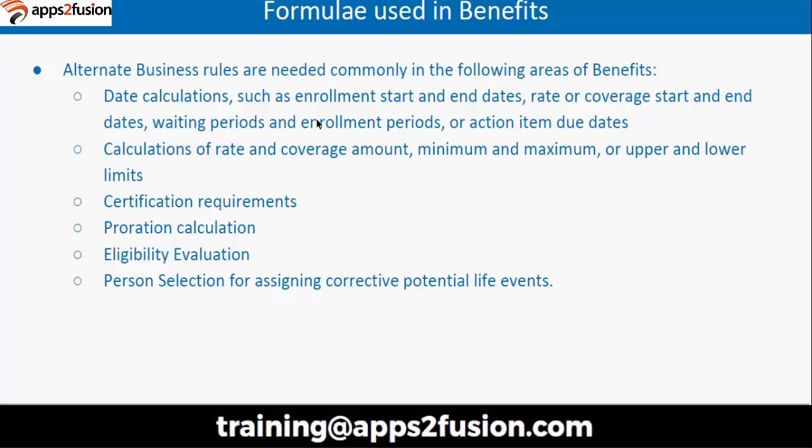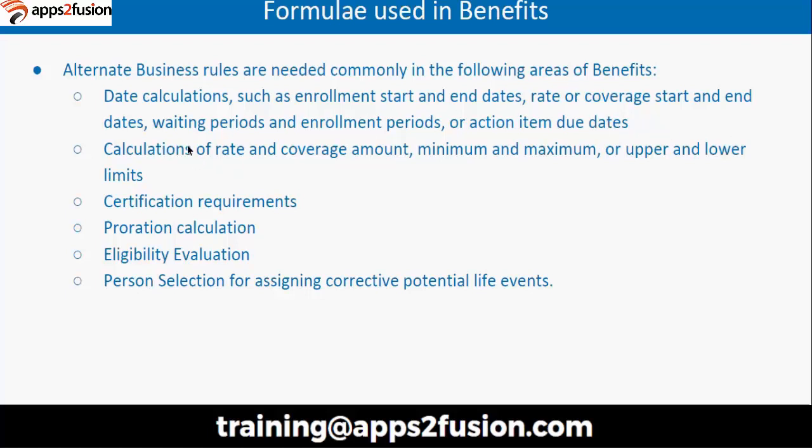If I've made enrollment before 10th July, then my coverage will start from 1st of July. If I've enrolled on 11th July, then it will start from 1st of August, because I have crossed my cutoff date. So I can define a formula, and that will be a coverage start date formula.